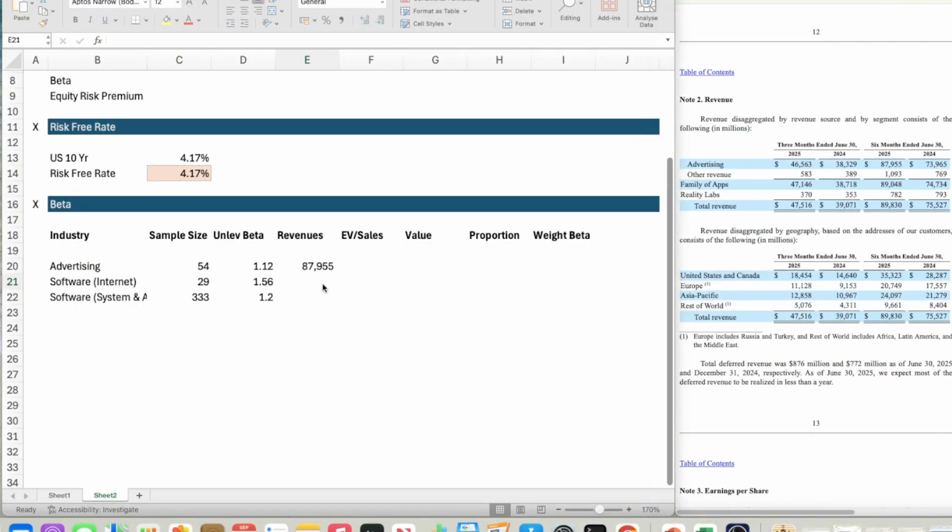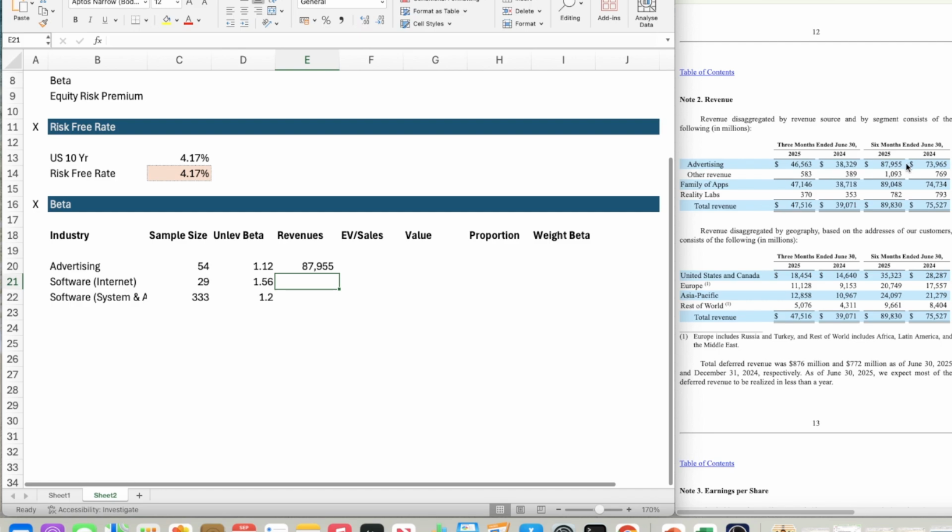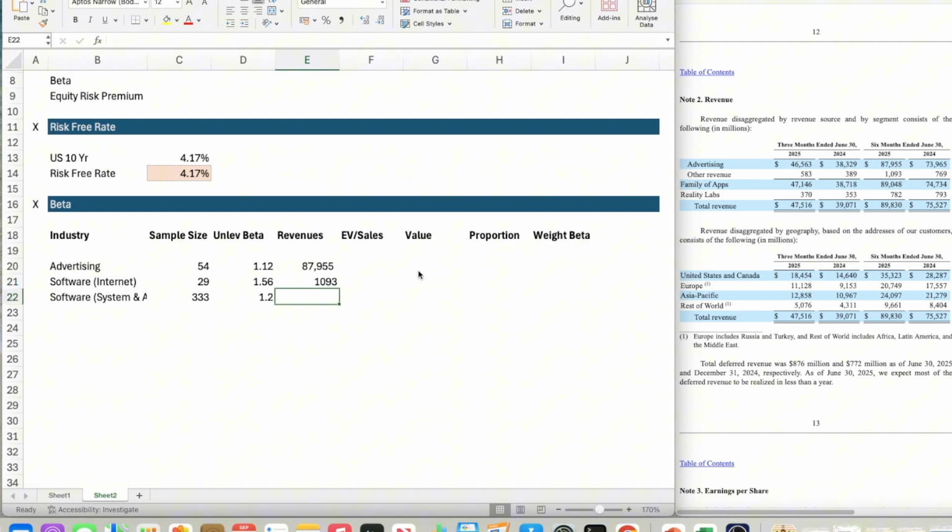Here we are. 1093, 782. We do need to total these up. So, okay.